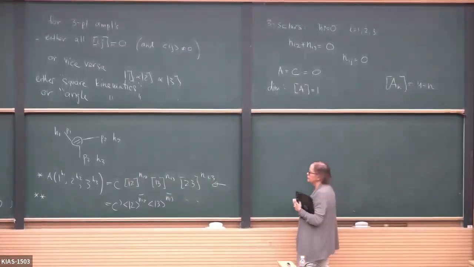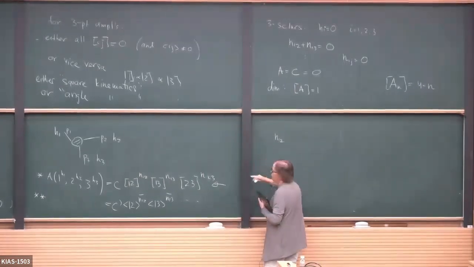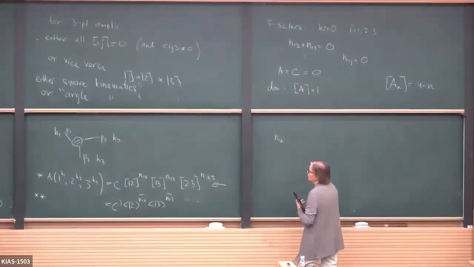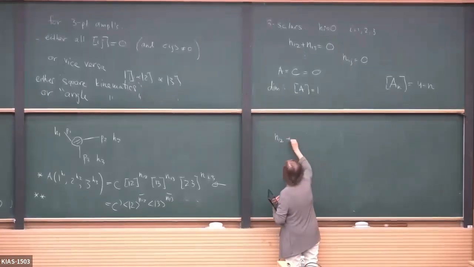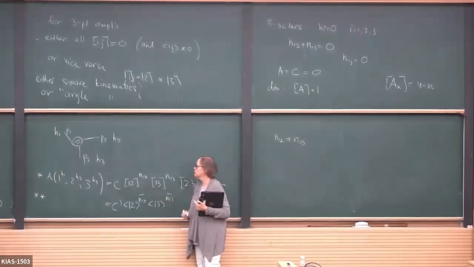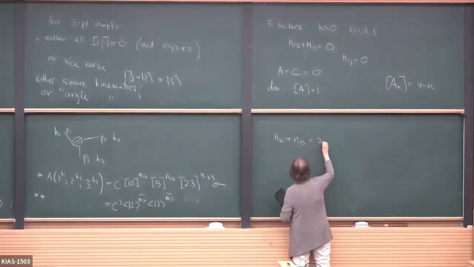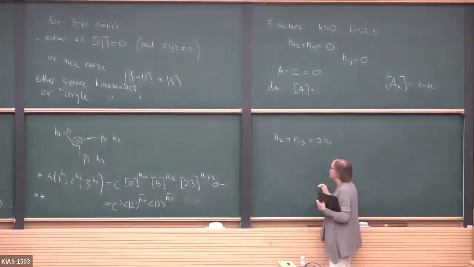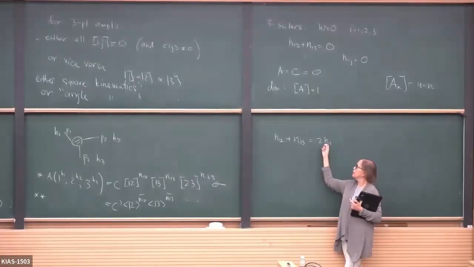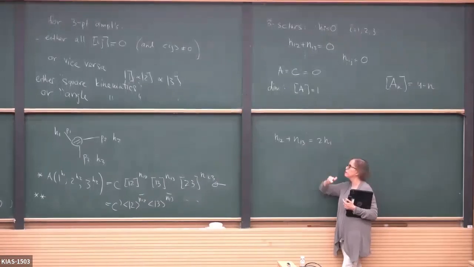So in general, these equations will be modified as follows. For some arbitrary spins, n1 plus n12 plus n13, which counts the number of times that 1 appears, is equal to 2 times h1. Because remember, for a spin 1/2 particle with positive helicity, the helicity is plus 1/2.